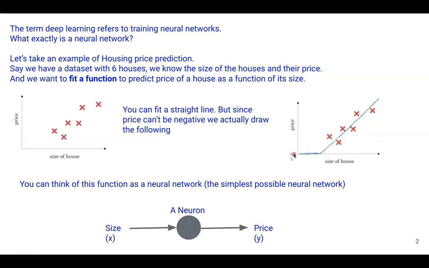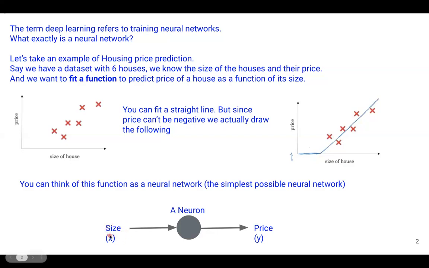What we have been doing here for this very simple case, you can think of it as the simplest possible neural network. This has a neuron and it takes one input, which is the size of a house.